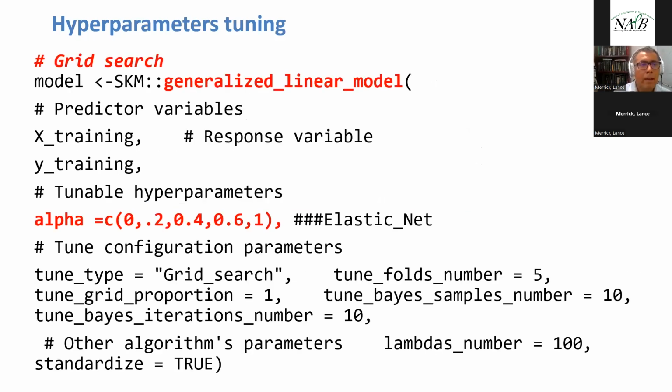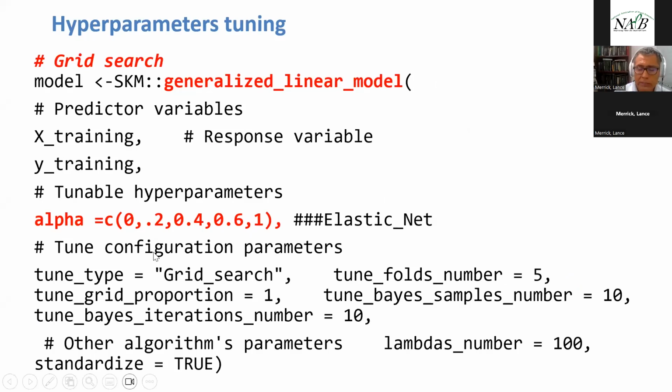For example, for implementing generalized linear models, you can use this function, generalized linear model. You need to provide the X training, the Y training, and also you need to put here which hyperparameter you wanted to tune. Here I am providing a grid of values for the alpha to be able to implement the elastic net. And if I put a grid of values, by default, you will use the grid search type of tuning.